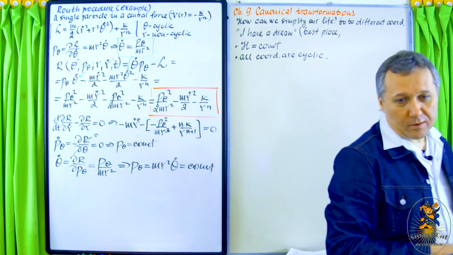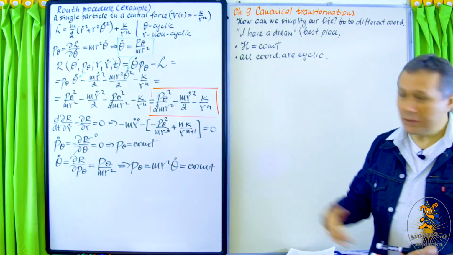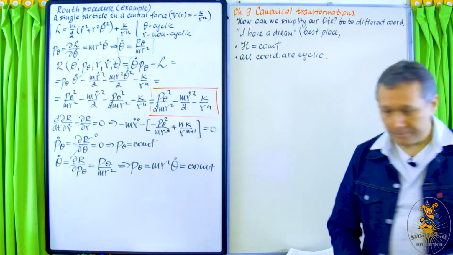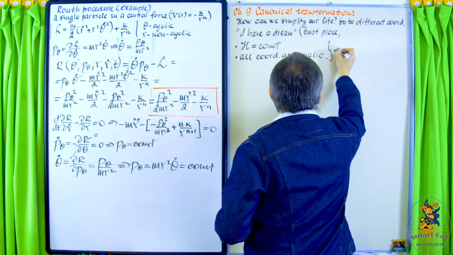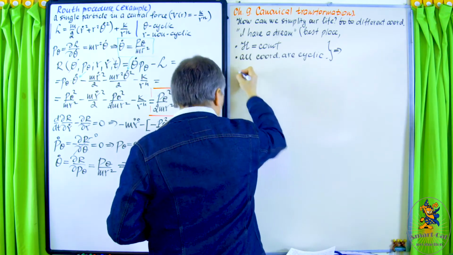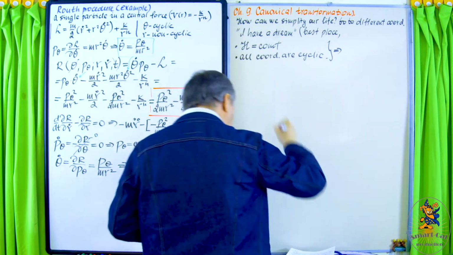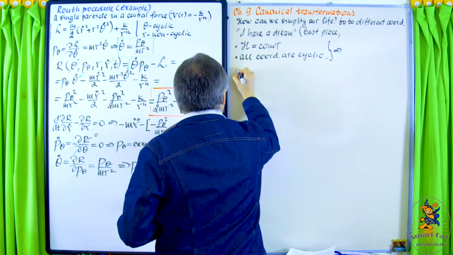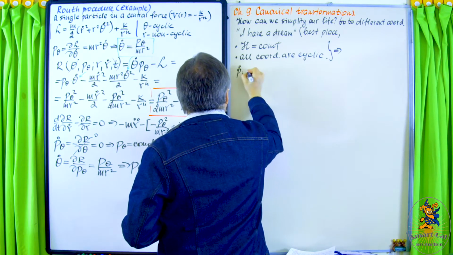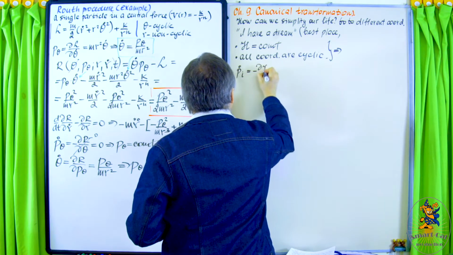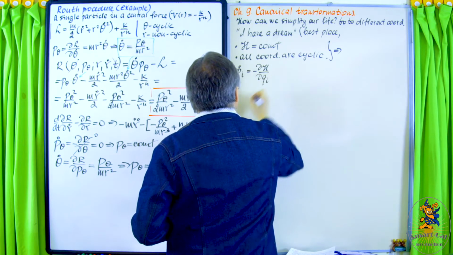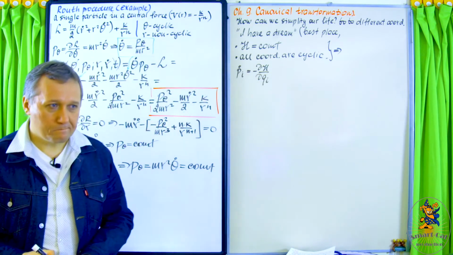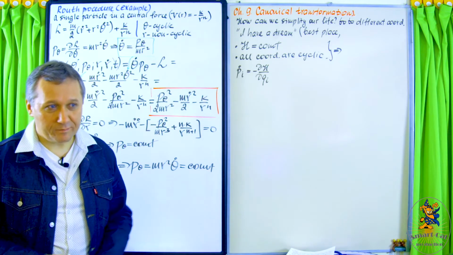So let's see what we're going to get if we apply Hamilton's equations. Let me start with the second one. p_i dot equals minus the partial derivative of the Hamiltonian with respect to q_i.